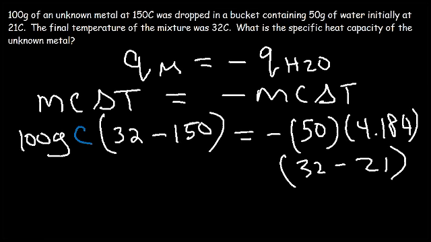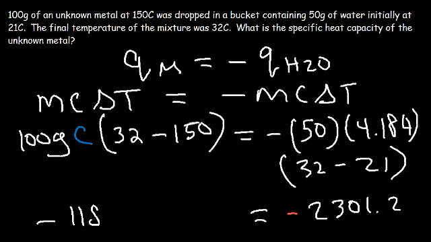And if we multiply that by 50 and 4.184, this is going to equal 2301.2. But let's not forget about the negative sign. On the left side, 32 minus 150, that's a negative 118 times 100. That's equal to negative 11,800 times the specific heat capacity.